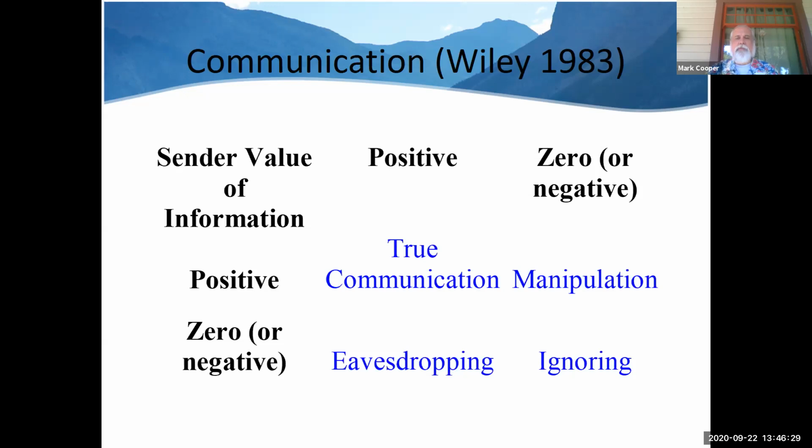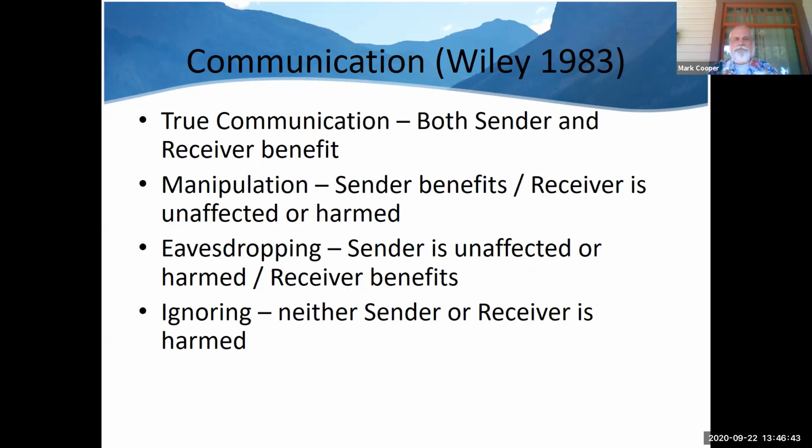And then when both of them just aren't even paying attention to each other, he called that ignoring. So this is kind of the idea. I want you to know these four. This is our basic structure, although I think it's really a little bit more complicated than this. So here's a slide that explains all that.